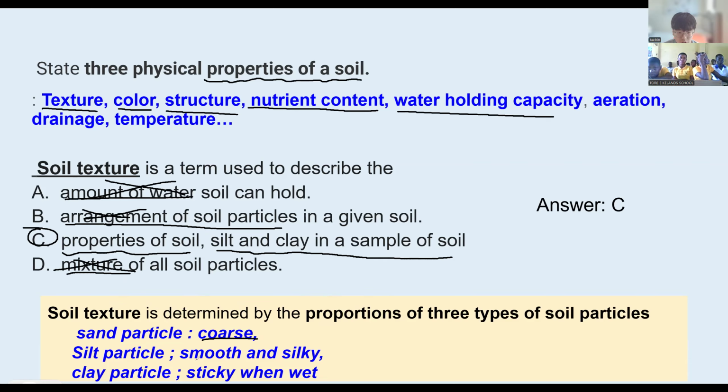Silt particle texture is called smooth and silky. And clay particles' texture can be described as sticky when wet. It's also smooth and sticky for the clay soil.